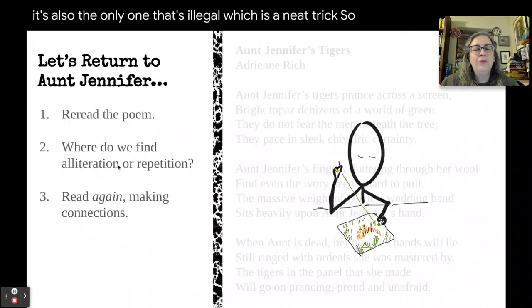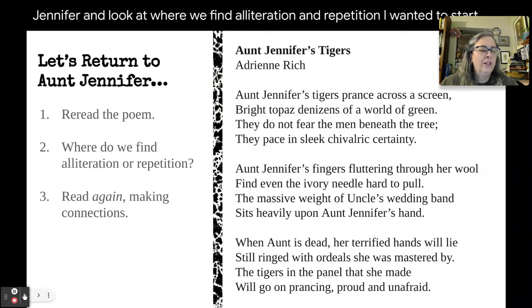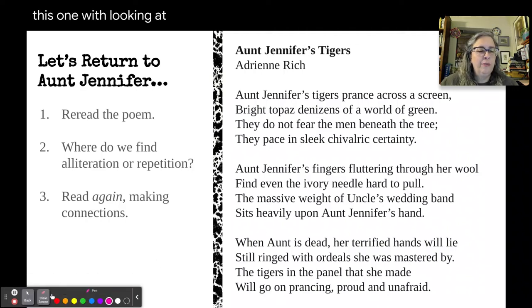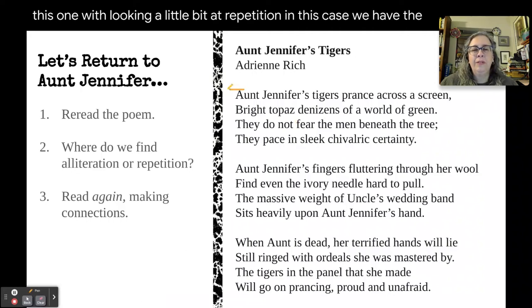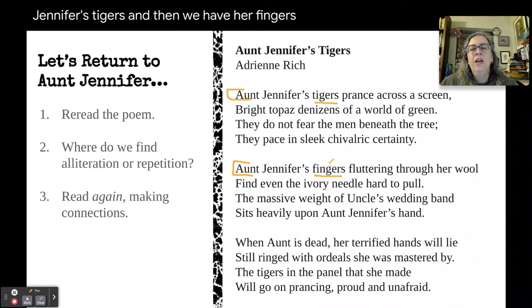So, to return briefly to Aunt Jennifer and look at where we find alliteration and repetition, I wanted to start by looking a little bit at repetition. In this case, we have the repetition of Aunt Jennifer at the beginning of both of these stanzas. First, we have Aunt Jennifer's tigers, and then we have her fingers.